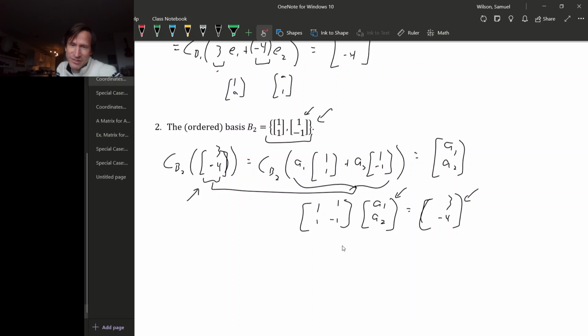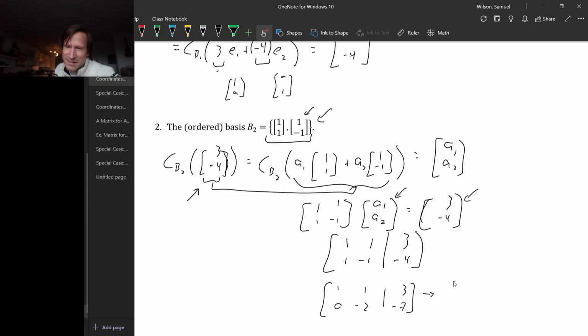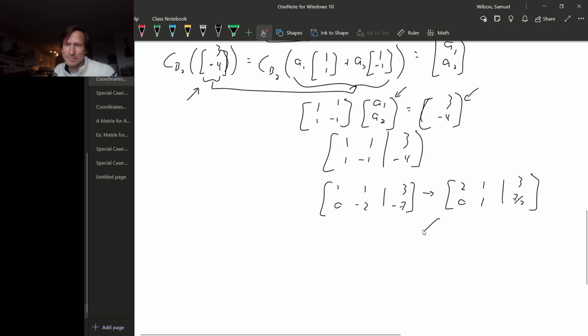So how do you solve this sort of system? You augment and then reduce. We can subtract the first row from the second row. We get 1, 1, 3, 0, minus 2, minus 7. Then we can divide the second row by minus 2, so 0, 1, 7 halves, and then subtract the second row from the first row.